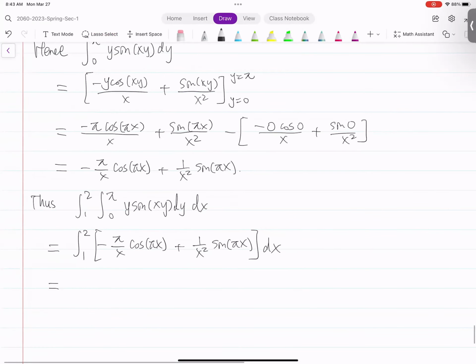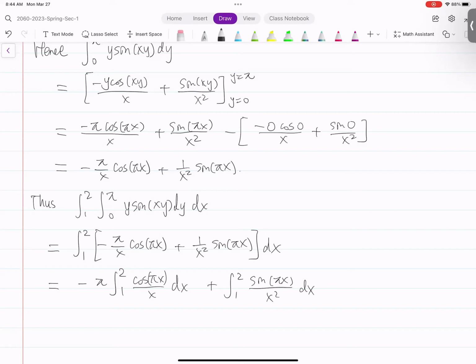Let's isolate these two integrals. We have negative pi times the integral from 1 to 2 of cosine pi x over x, plus the second integral, which is sine pi x over x squared.